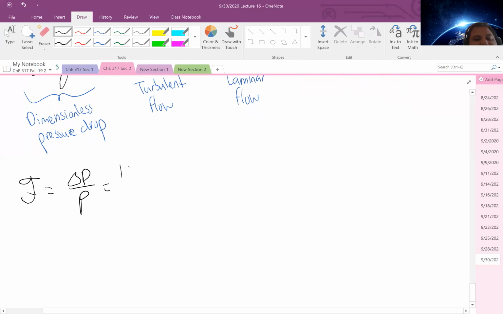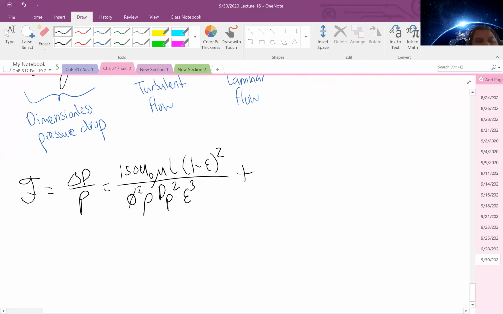And so what we get is 150 times U mu L times 1 minus epsilon squared divided by sphericity squared times rho times the diameter of the particle squared times epsilon cubed plus 1.75 times U naught squared L 1 minus epsilon divided by sphericity density.